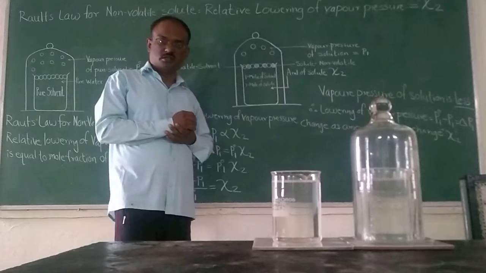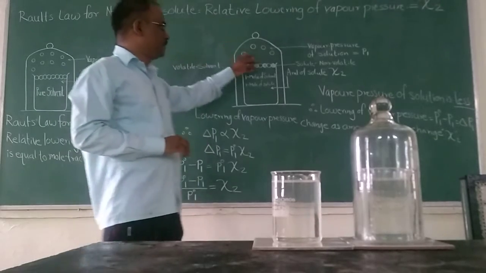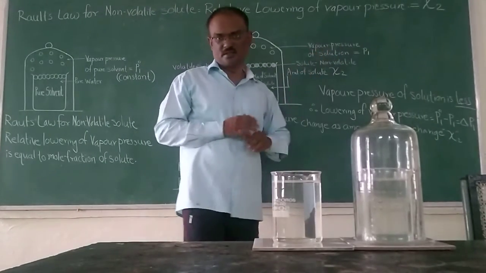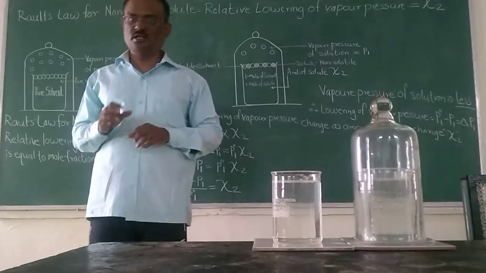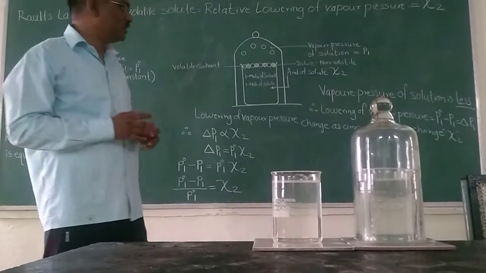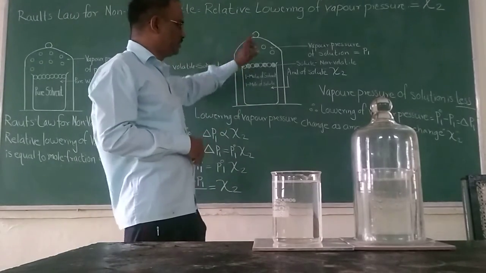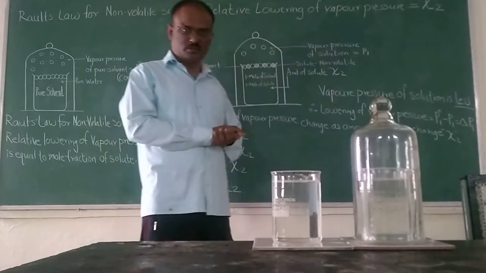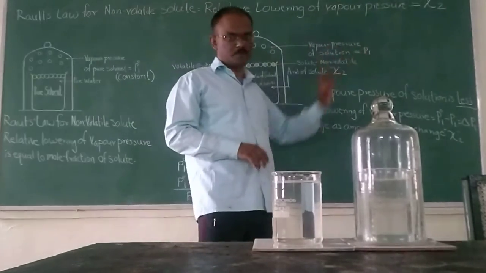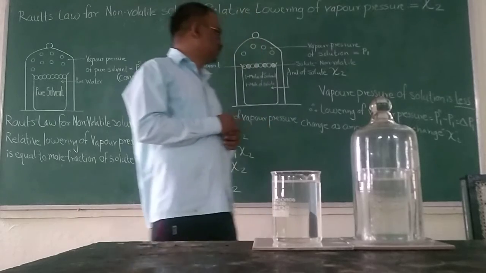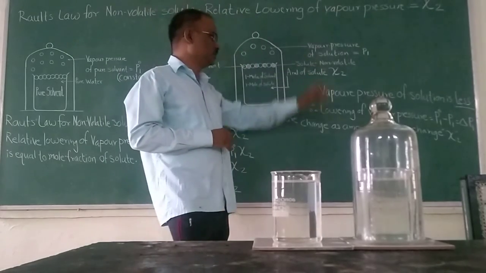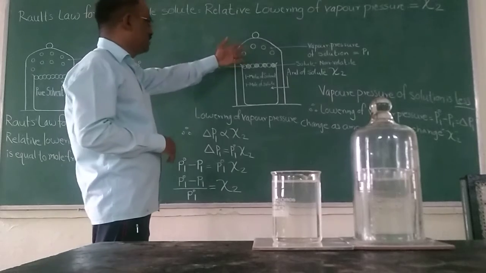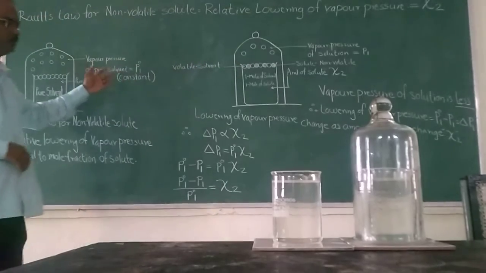So here the vapor pressure is called the vapor pressure of the solution. Actually this is the vapor pressure of the solvent, but it is produced by the solution, so I will call it the vapor pressure of the solution. So what is the vapor pressure of the solution? It is P1. Now here this vapor pressure of the solution P1 is less as compared to the vapor pressure of the solvent.